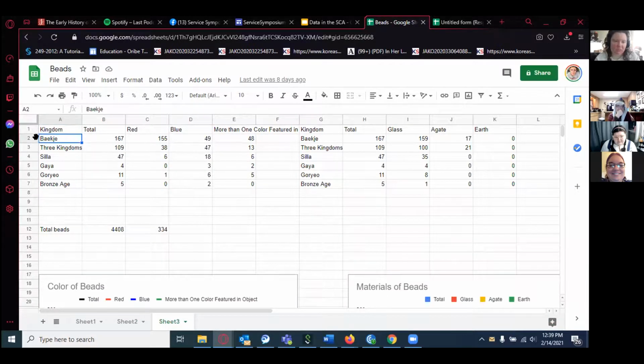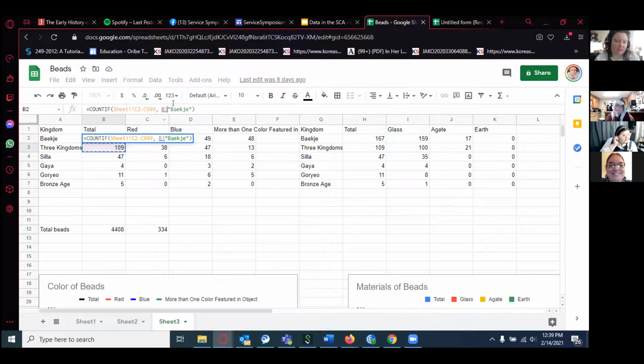So for example, this data set is looking for the word bakie. And you can use COUNTIF expressions to look at your data set and then the specific word you're looking for.